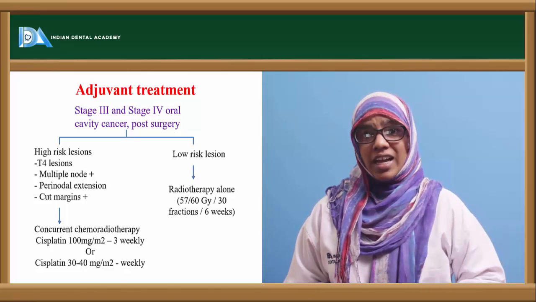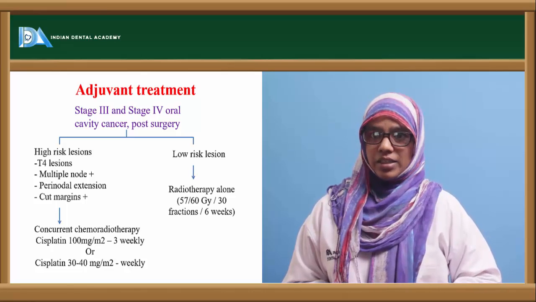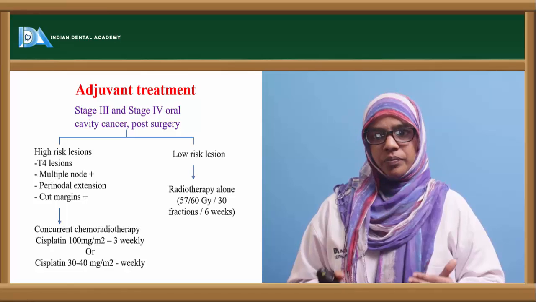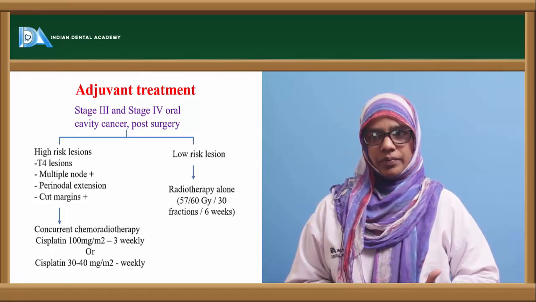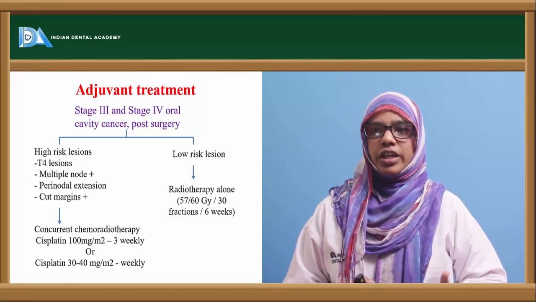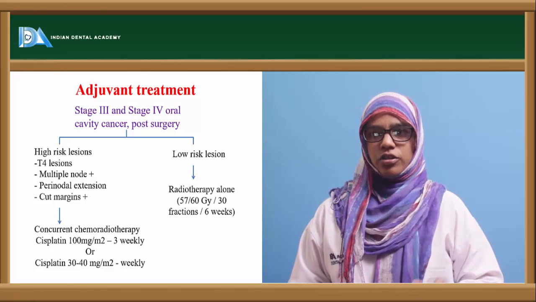In that case, you have to offer chemotherapy with drugs like cisplatin 100 mg every 2 to 3 weeks, or cisplatin 20 to 40 mg twice weekly. In case of a low risk lesion, you can offer radiation therapy, 57 to 67 Gy in 30 fractions over 6 weeks.